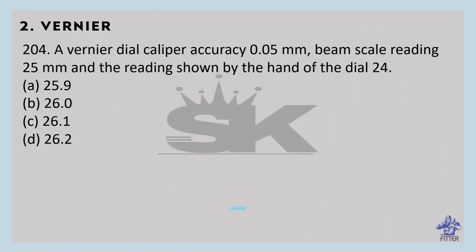A vernier dial caliper has accuracy 0.05 mm, beam scale reading 25 mm, and the reading shown by the hand of the dial is 24. Least count is given as 0.05, so least count equals 0.05 mm. Main scale reading is 25 mm.